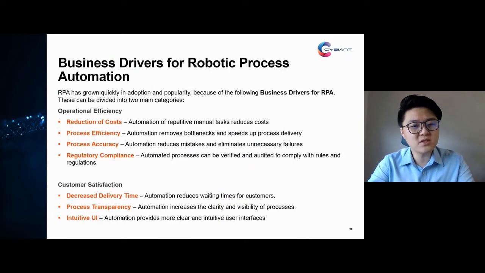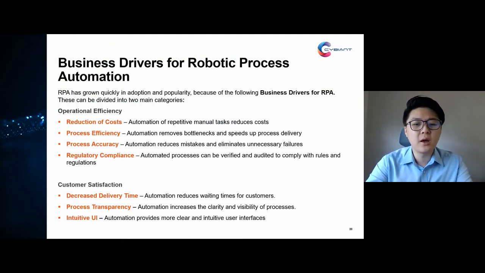We need to understand why RPA is growing quickly in adoption and popularity because of the following business drivers. These can be divided into two main categories. The first one is operational efficiency, which relates to the internal side of the organization. Reduction of cost: automating repetitive tasks reduces cost.